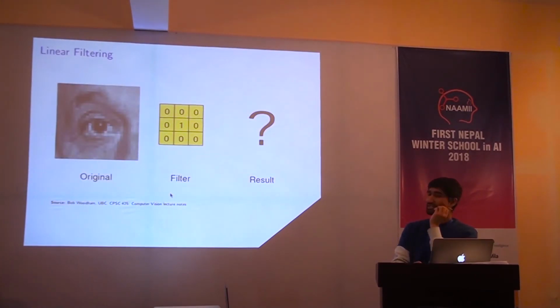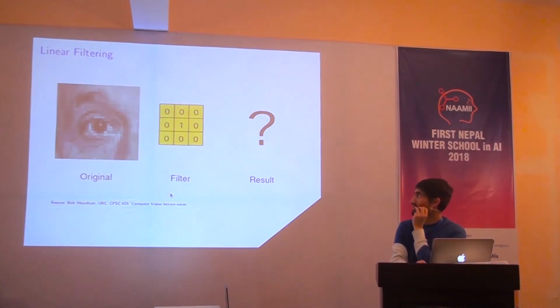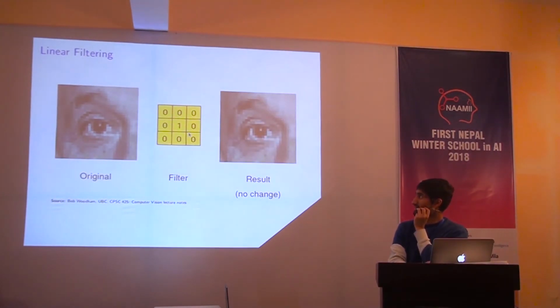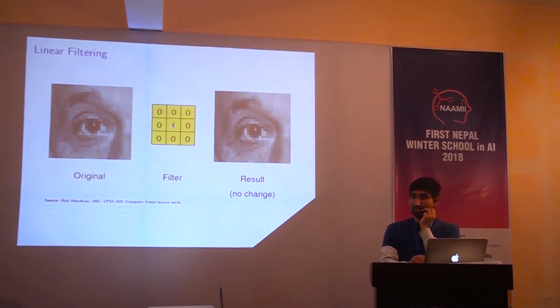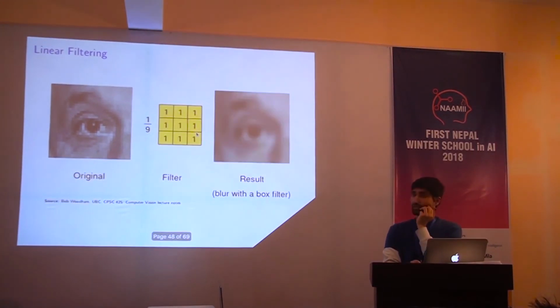In this case, I think by mistake I already gave you the answer. What would be the result of applying this? Yeah, the same, because it's 0 everywhere else and in the center it's 1. So you see, depending on what we put in the convolutional kernel filter, the output can be different. Here it's getting smoothed.